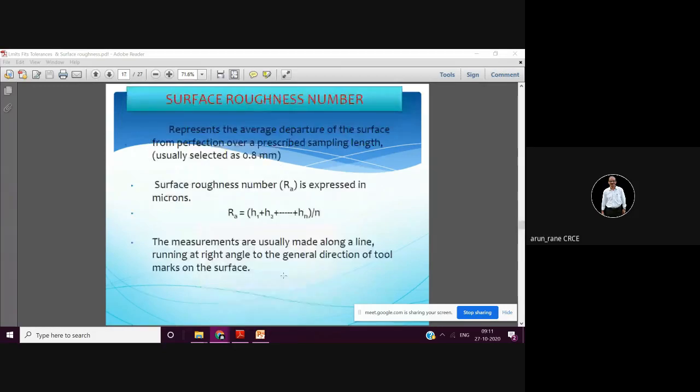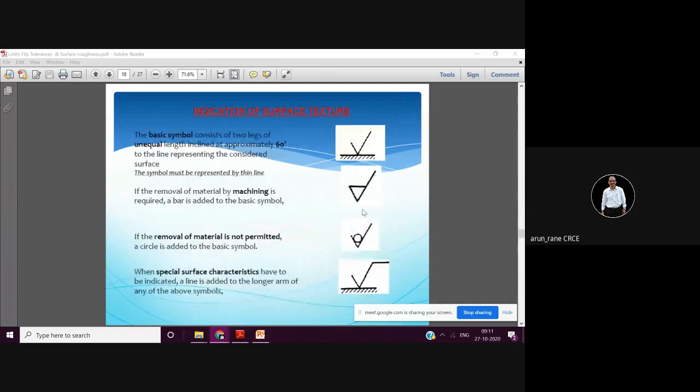Another way is that you give these symbols. One triangle means rough finish. Two triangles means the finish you obtain in milling, drilling. Three triangles means the finish you get in grinding, and last is four triangles.